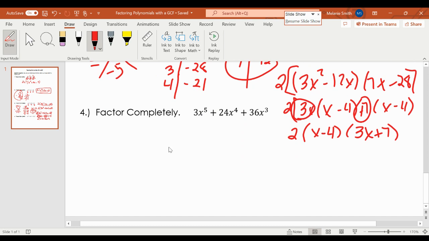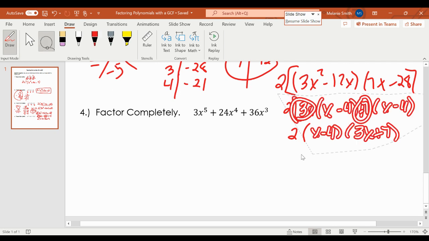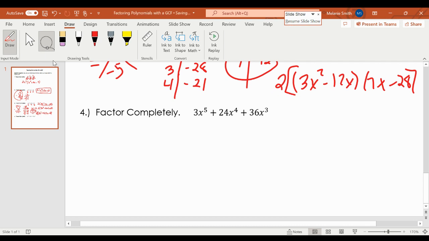All right, so number 4, last one here. Factor completely. I actually have to erase this up here, so copy this down if you need it. Okay, so the first thing I see is that every one of these is divisible by 3, and there is an x in each one. So I can divide each one by 3x cubed, because x cubed is the smallest x.